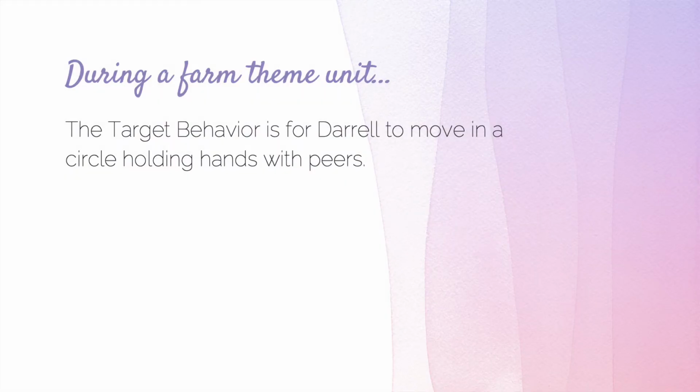A great example of child-focused instruction can be seen in our project that we had to do on ABC instructional interaction. So during a farm theme unit, the target behavior is for Durrell to move in a circle holding hands with peers.